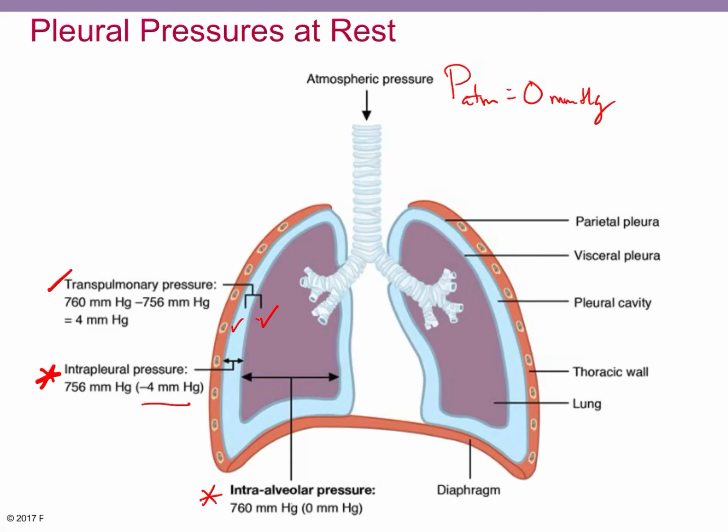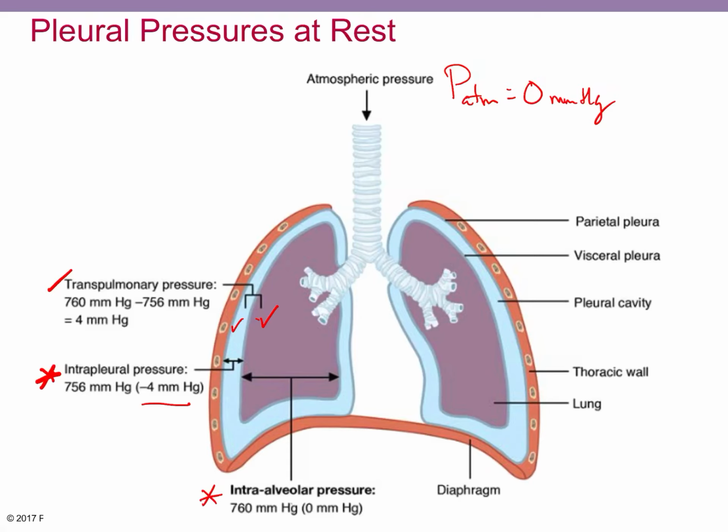And it turns out that what this pressure does is it causes the lungs to expand. So when you increase this pressure, it will cause the lungs and the alveoli to expand. And when that happens, you're actually making a larger lung, right? So you're expanding that lung because you're pulling the lungs open. So that's the transpulmonary pressure.